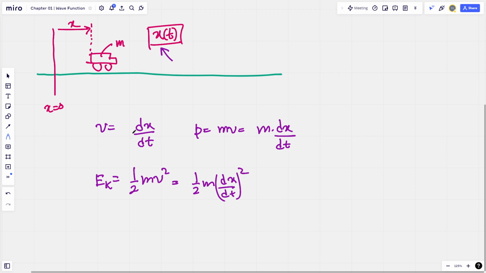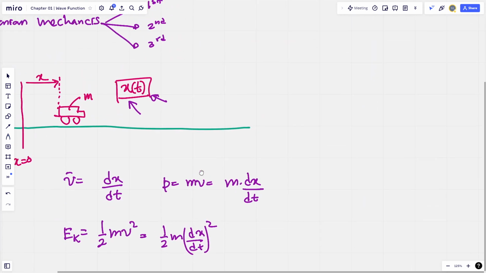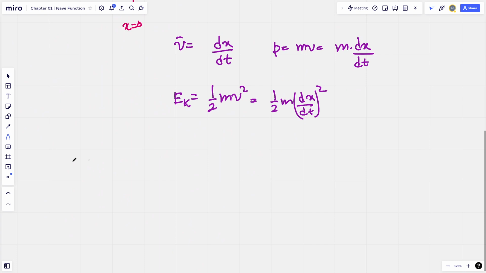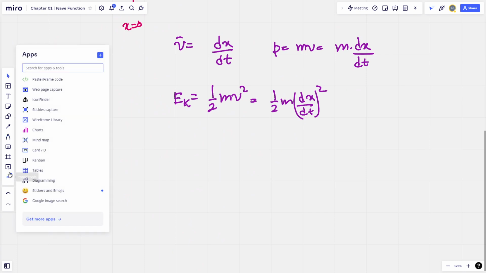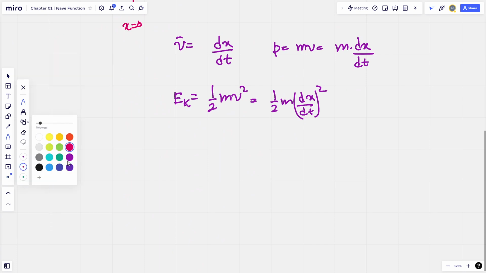So to find this function, we simply use Newton's second law, which is F equals ma, Newton's second law of motion.